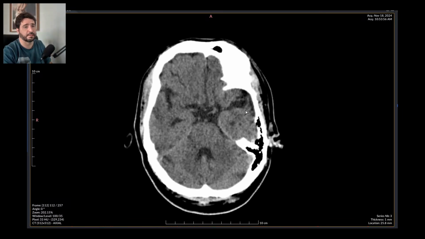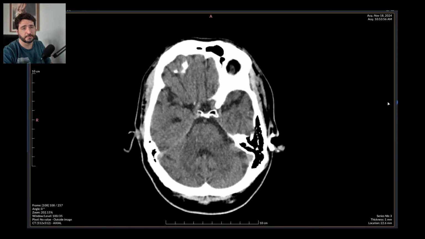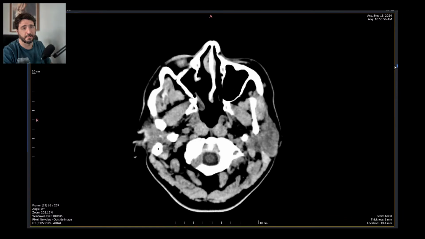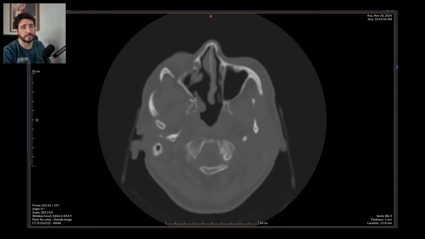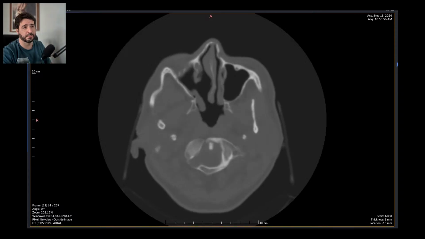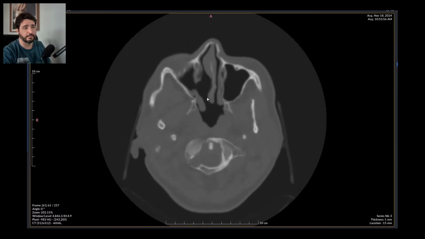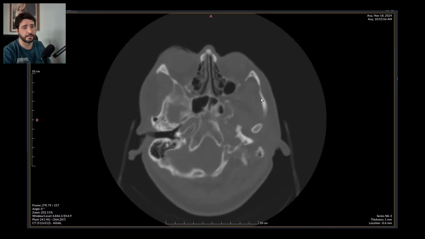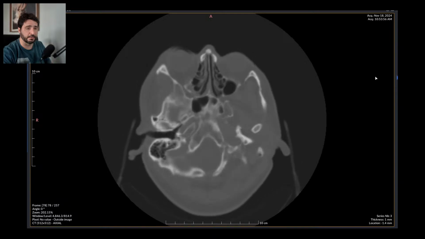So this is a very common site of scarring due to trauma. He has a very ugly and twisted nose. Seems like a previously broken nose. Also, he has a deformed right side zygomatic arch, which also looks like a previous fracture, and his left zygomatic arch is also crooked. So this is probably due to trauma.